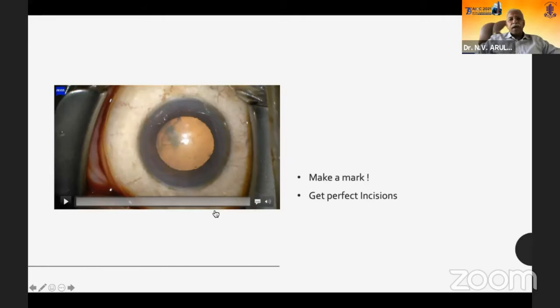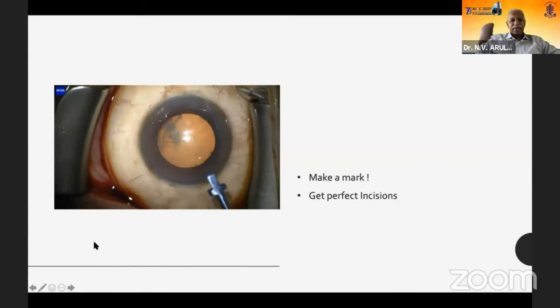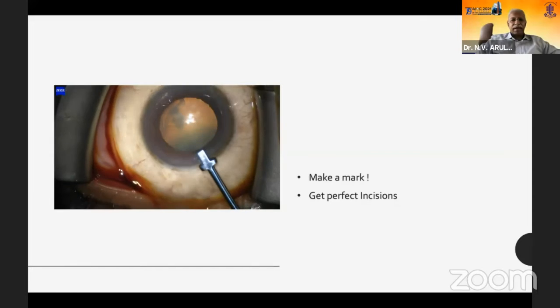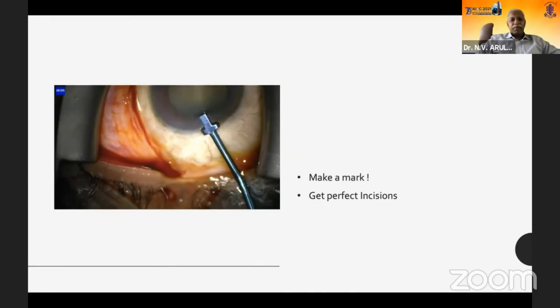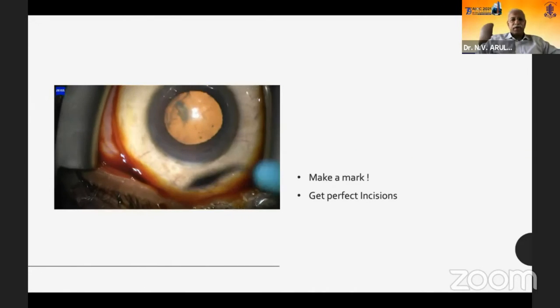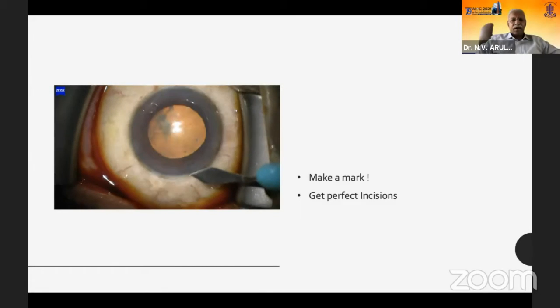toric IOLs. Now, as far as the incision, again, you can make a mark to get a perfect incision. This is the instrument that I've designed, which makes a mark on the limbus and about 1.25 to 1.5 millimeters onto the cornea.